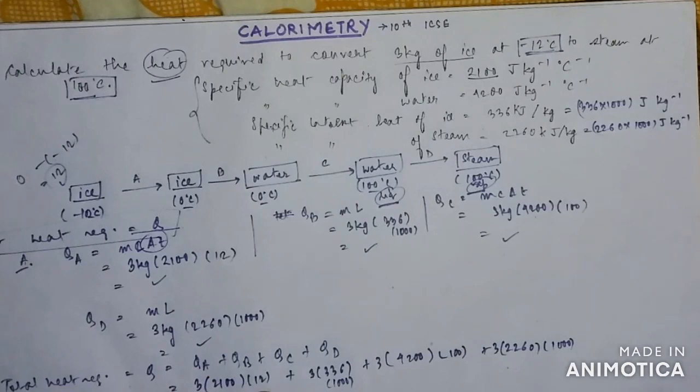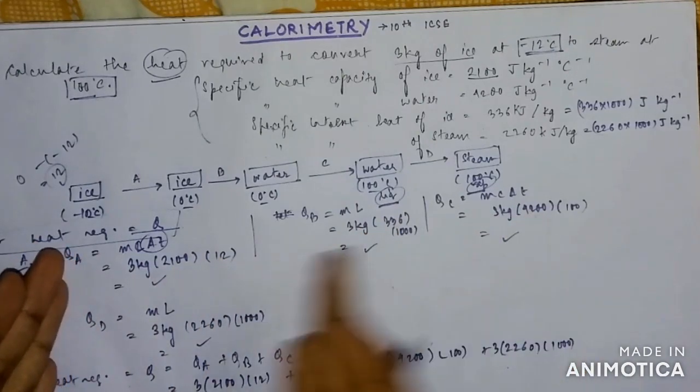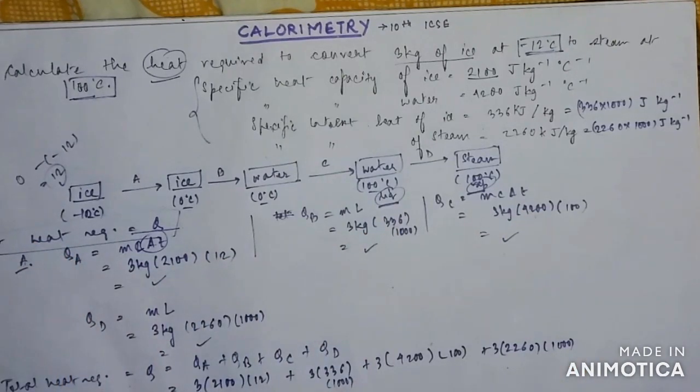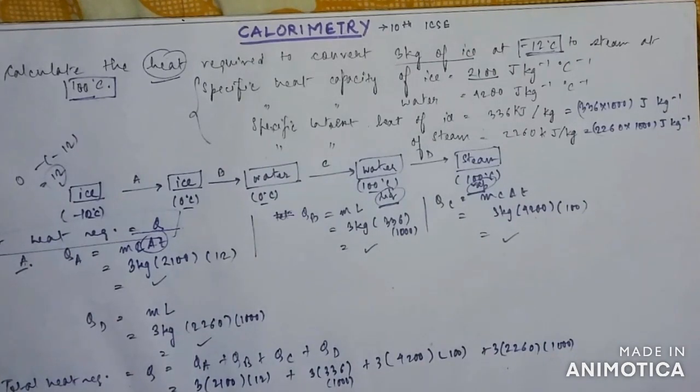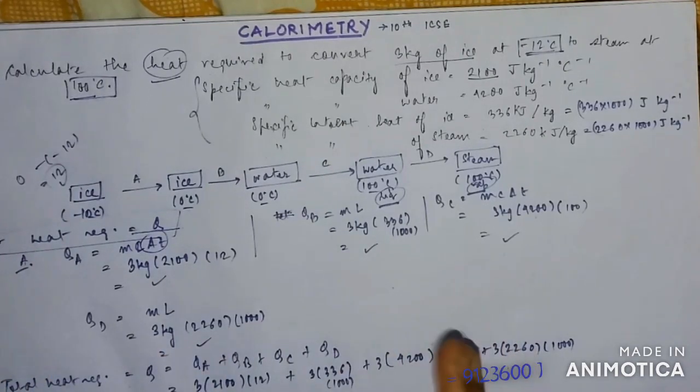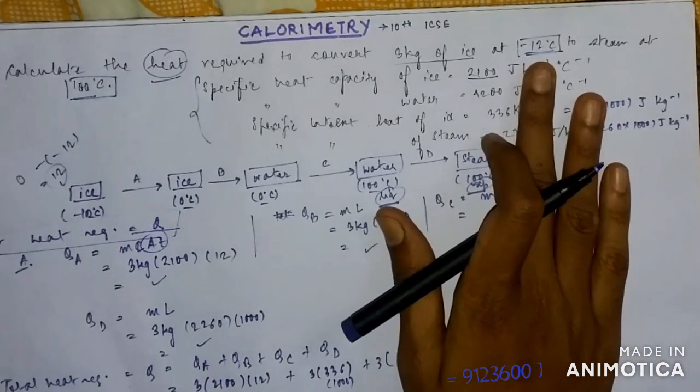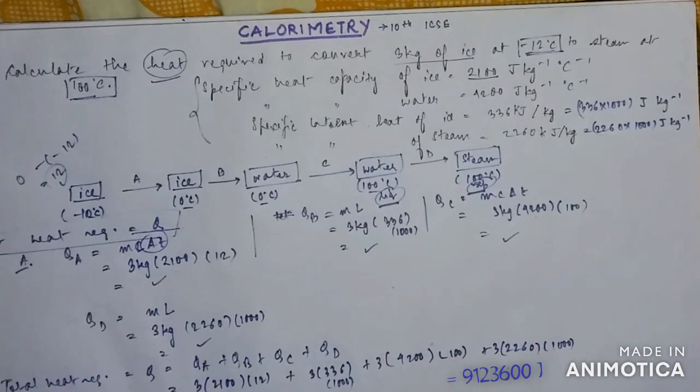Whatever the values of QA, QB, QC and QD come, we add them up, and the big value that comes is 9123600 joule. So the total heat required for the conversion of ice at minus 12 degrees centigrade to steam at 100 degrees centigrade is this much joule.